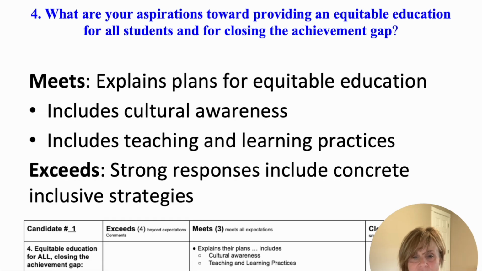But they do need to show that there's an application and they see the connection to looking beyond themselves and their own experiences to meeting the needs of students from diverse backgrounds at all different learning levels and cultural backgrounds. Again, 4-point scale there.